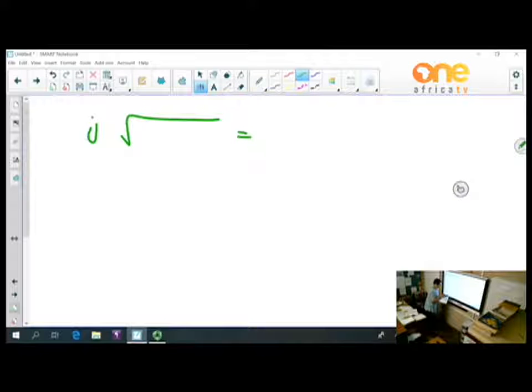Okay. I didn't put brackets in, so I'll have to redo it. 8.5 squared plus 6.5 squared, close, is equal to, you need to use those brackets, 10.7.